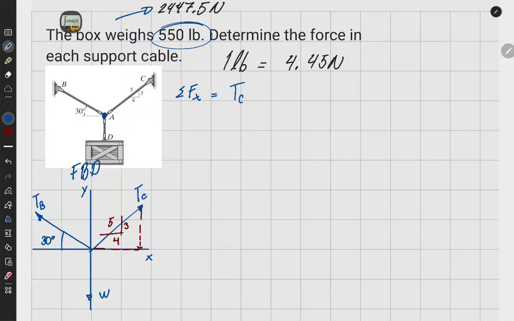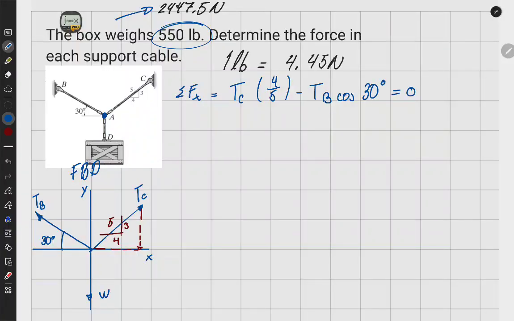And then you can write TC, the tension in the cable C, times 4/5, that is the cosine of the angle, the adjacent side over the hypotenuse, minus TB cosine of the angle, that is 30 degrees, and that's equal to 0.